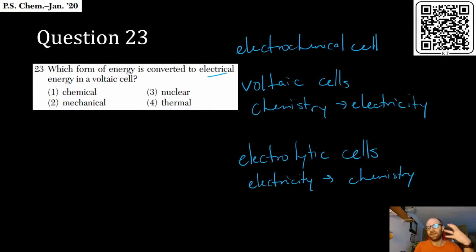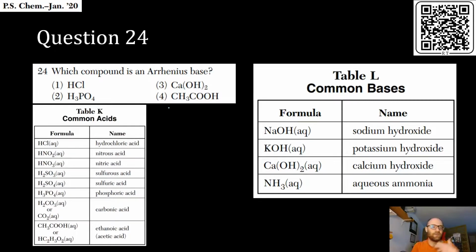The idea being that a voltaic cell is like a battery, where a chemical reaction gives you flowing electrons, and electrolytic cells are the opposite, where you push and pull electrons to cause a chemical reaction to take place. But regardless, if we're converting to electrical, that's this one here. We're going from chemical to electrical, breaking and making bonds, causing electrons to flow, generating power somewhere else.